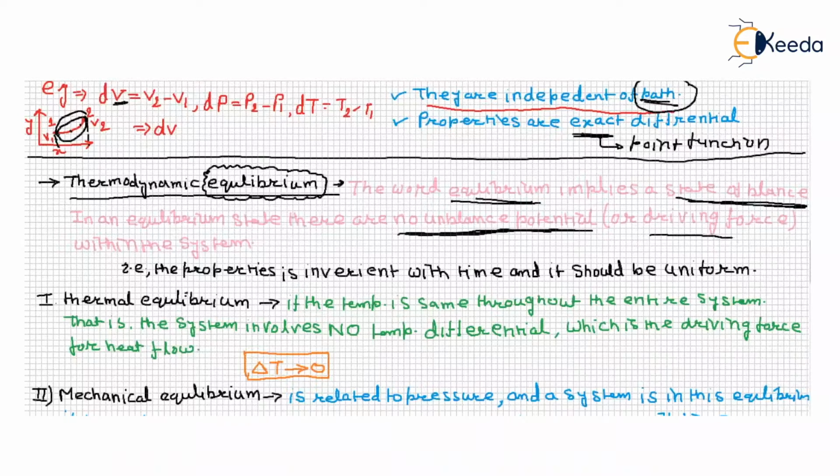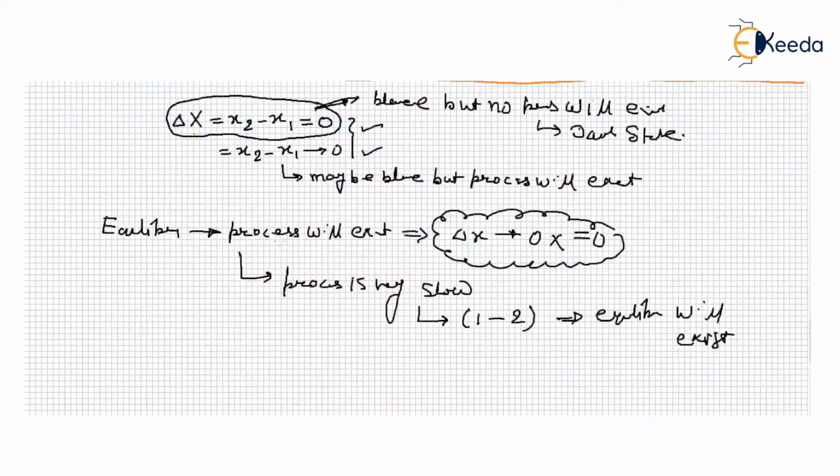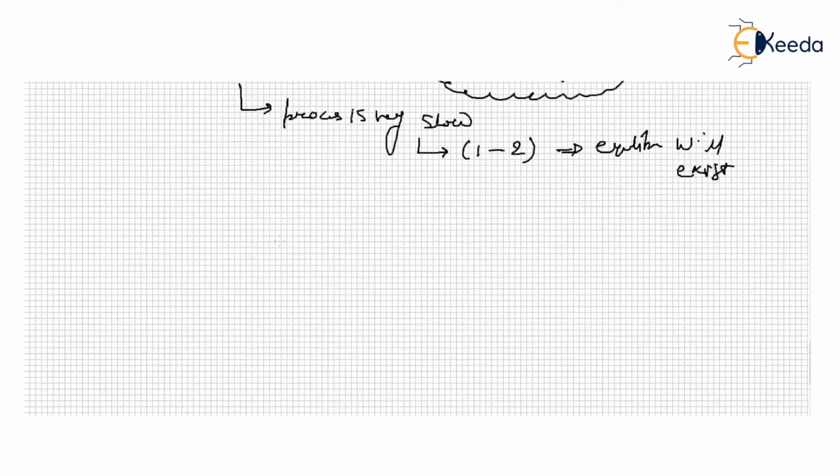That means if there is a system, at all points of the system the temperature is uniform, pressure is uniform, volume is uniform. Specific volume is uniform.